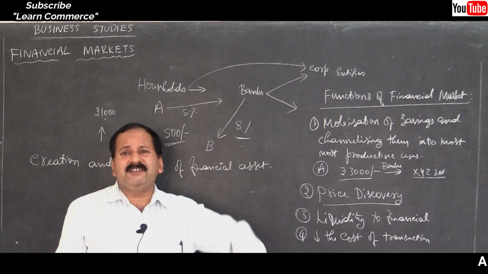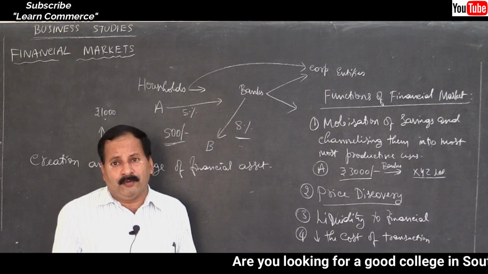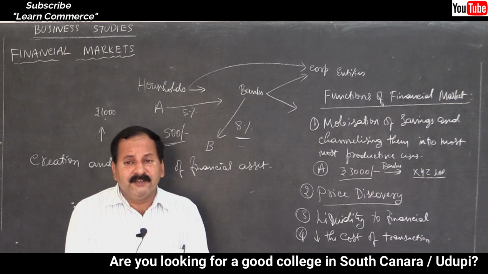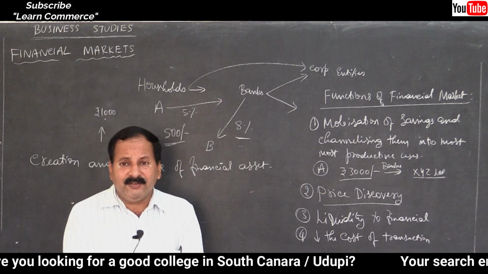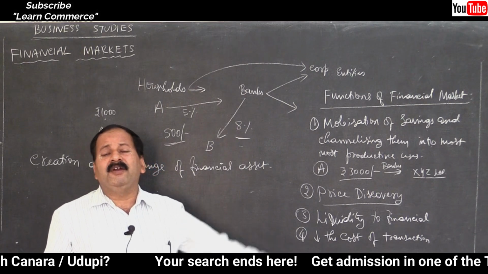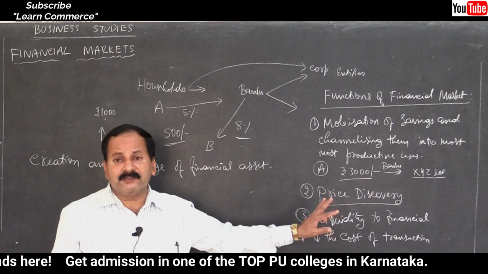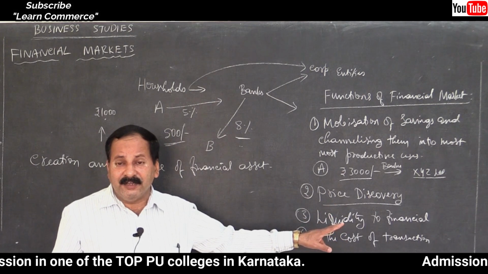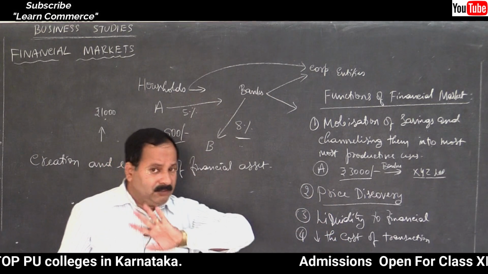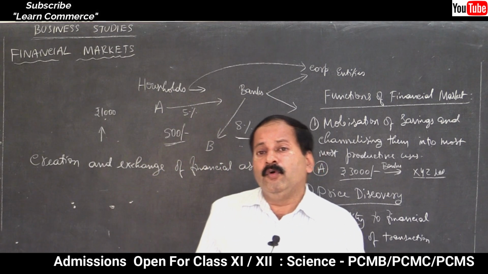Now just give a telephone call, or you can do it on your own. Log into the stock market website and sell your asset very easily, without much cost of transaction, because it is totally transparent and online dealing. You need not incur more cost.